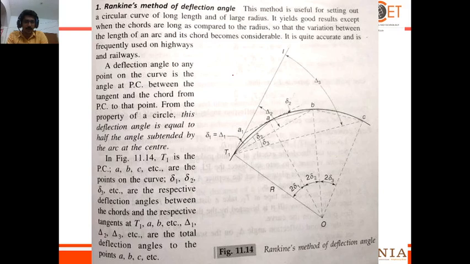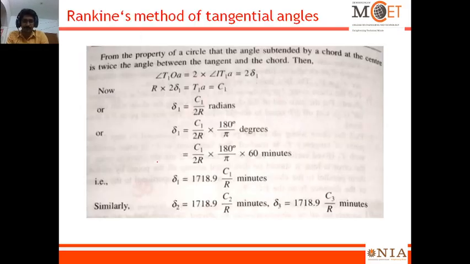What is IT1A? This angle is 2 times compared to this angle, right? So here it forms del 1, so here it is 2 del 1. That is the property of the circle and the tangent, right? Which is equal to 2 del 1.